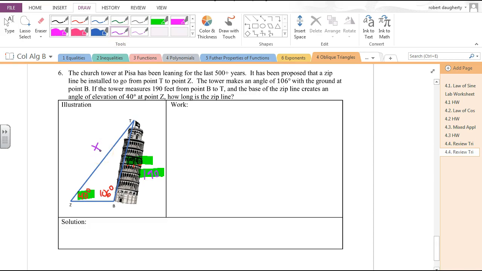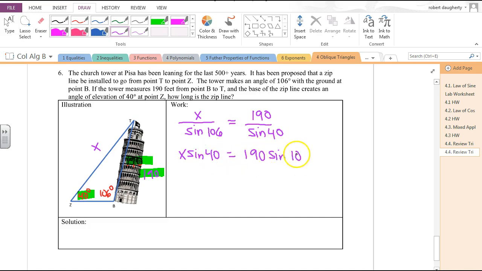So I know that, this is law of sine, x divided by the sine of 106 is equal to 190 over the sine of 40. Cross multiply. x sine 40 equals 190 sine 106. x is equal to 190 sine 106 over sine 40, and I just go to my calculator.